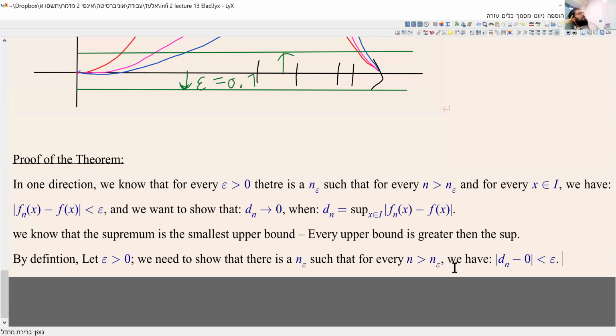Now dn is always non-negative, and the minus 0 we don't have to write down.